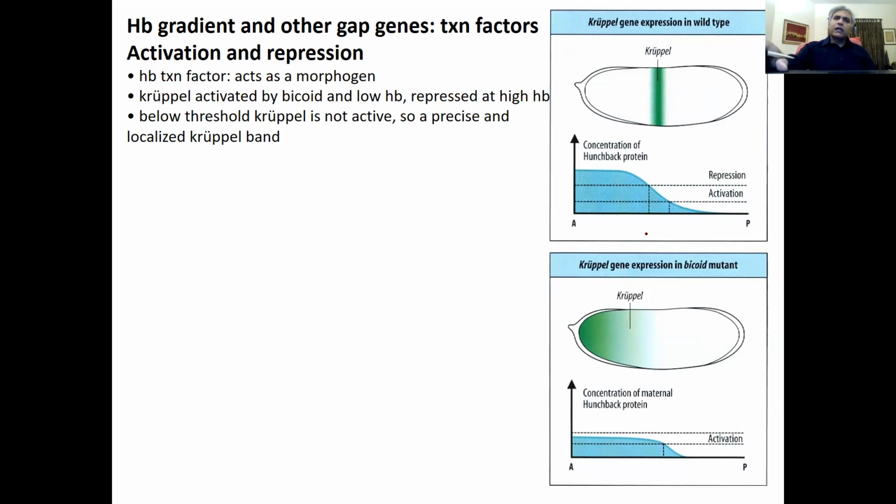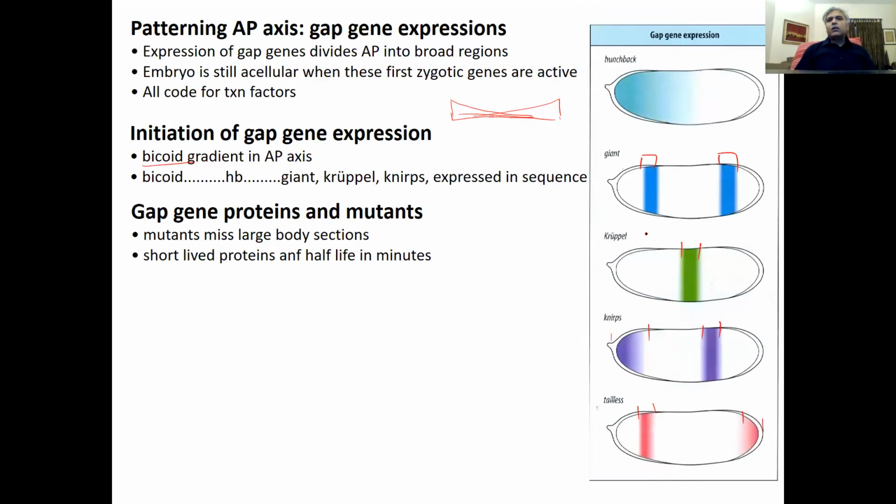Or one can also ask how this expression of gap genes in very discrete regions is established, knowing we have these gradients, knowing we have the bicoid gradient, we have the hunchback gradient, we have gradients from posterior effect genes as well. So how then, instead of seeing gradients, do we see a very discrete expression pattern in discrete regions?